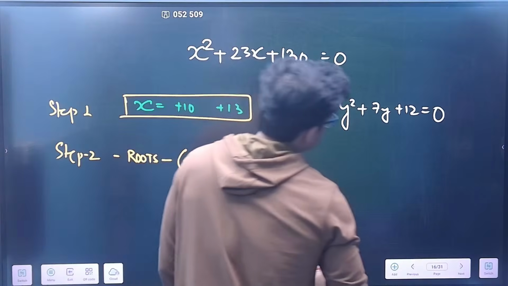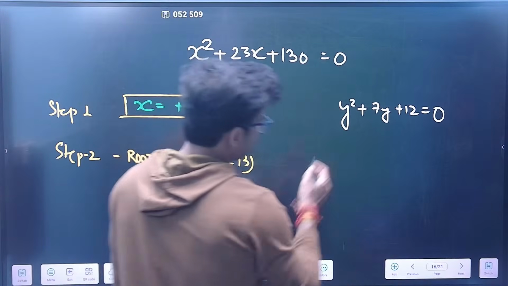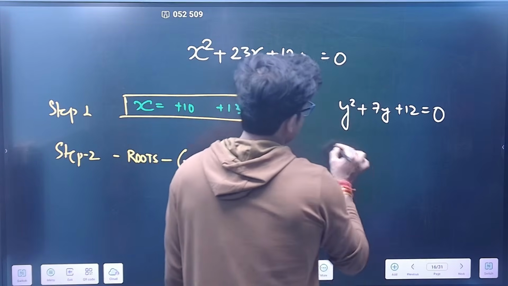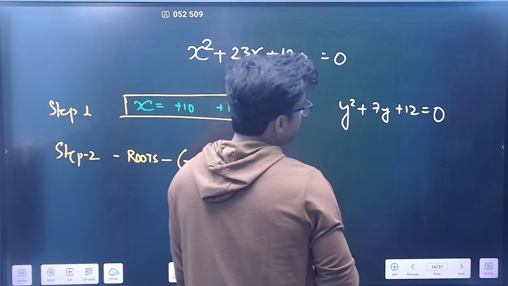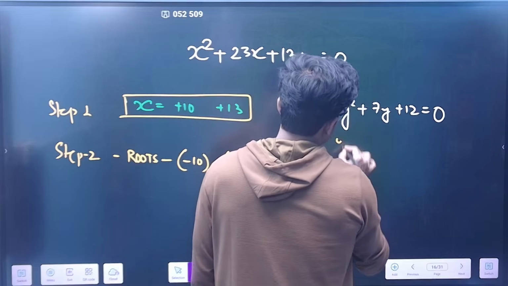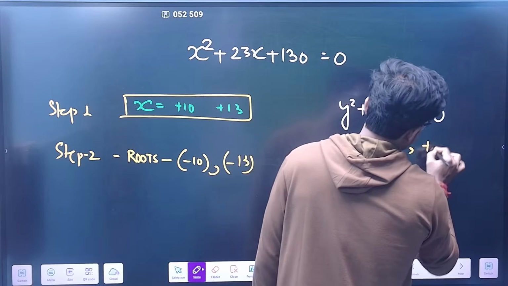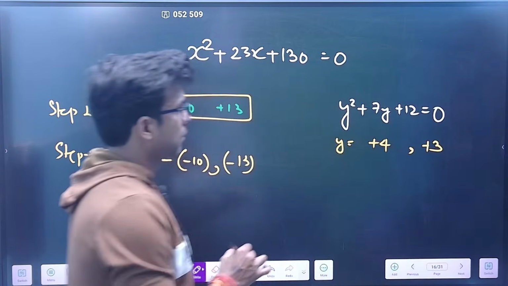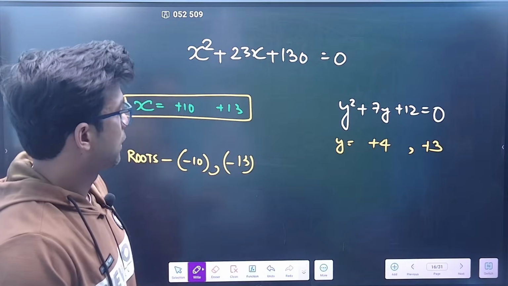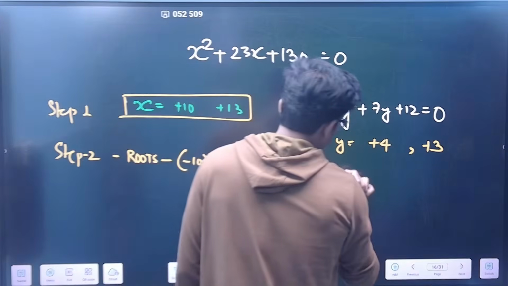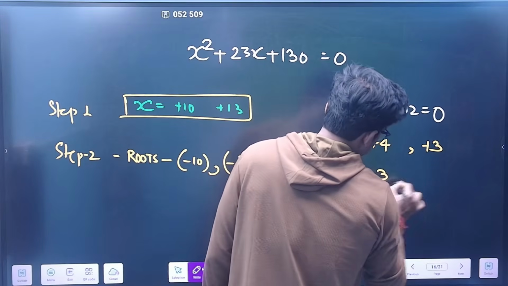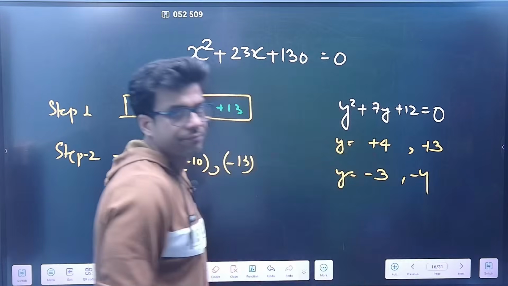Second, I am having y square plus 7y plus 12. The trick will not apply in this, so the value of y would be plus 4, plus 3. Correct now? Now here the value of y would be minus 3 and minus 4, isn't it?